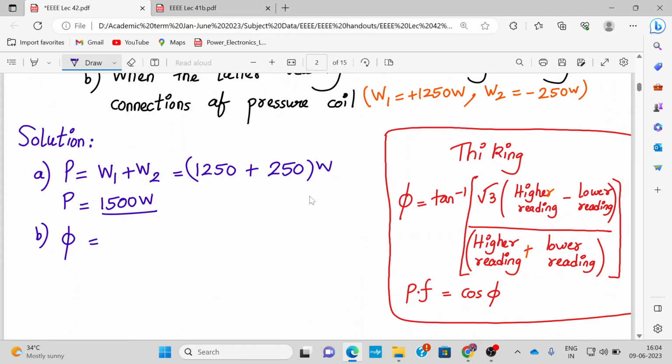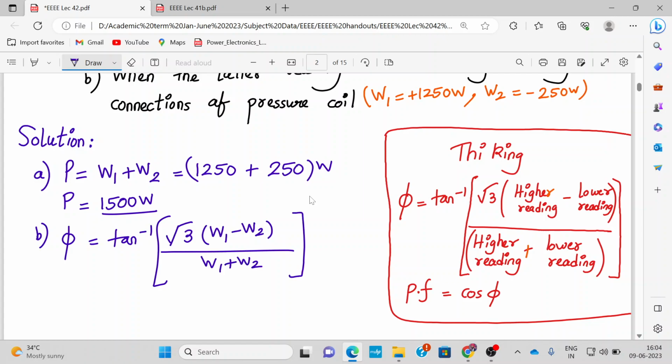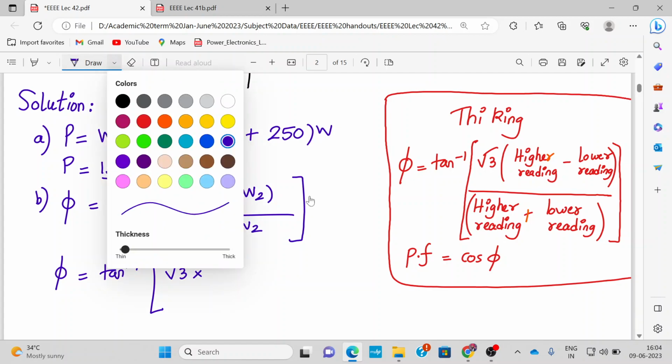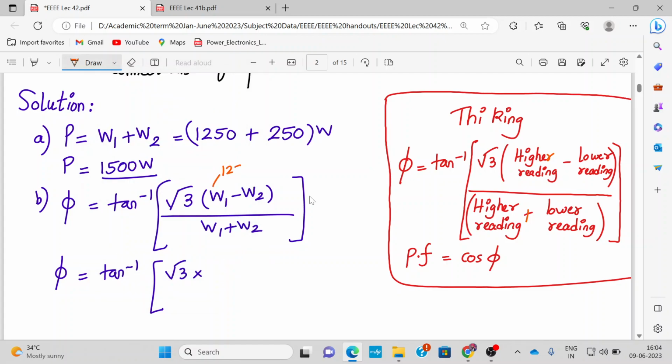So let me write the formula: tan inverse of root 3 times (W1 minus W2) divided by (W1 plus W2). In our case, W1 is 1250, W2 is 250.